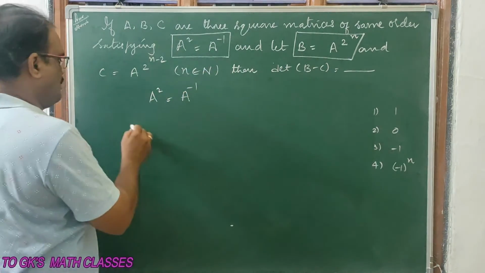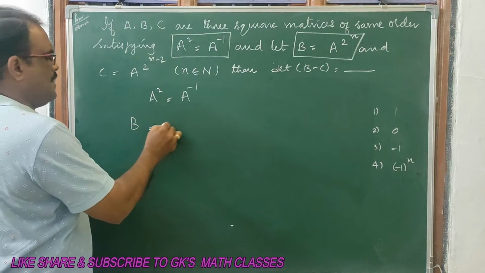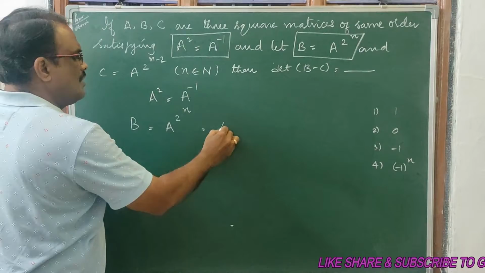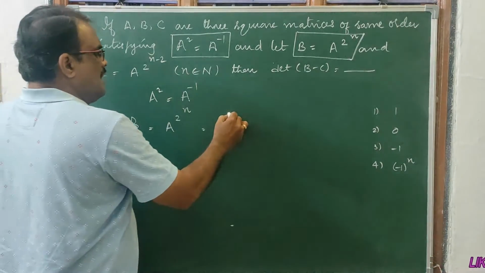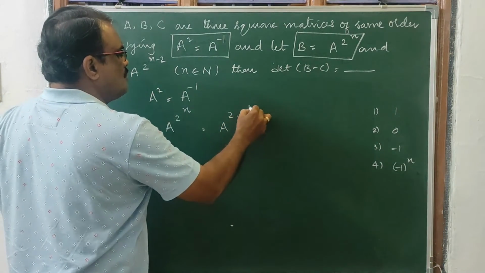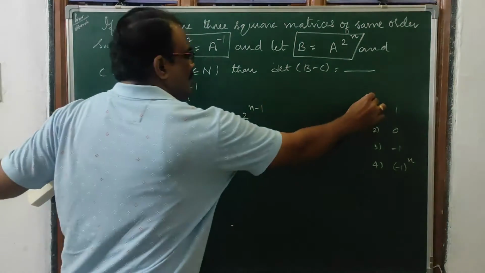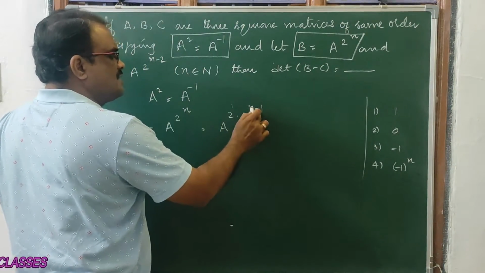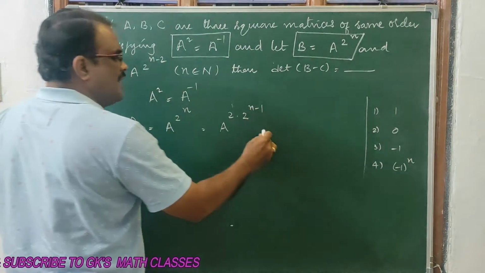Okay. Now you take B. B is equal to A power 2 power n. This can be written as A power 2 into 2 power n minus 1. A power m into A power n is A power m plus n. Again you get 2 power n.